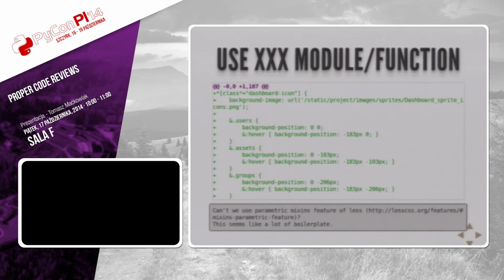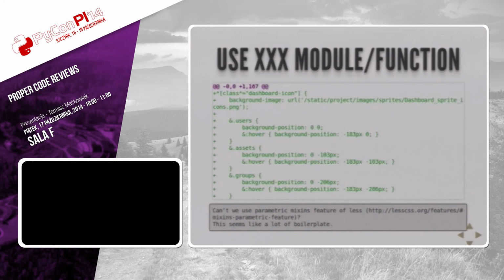Now, a little bit more complicated stuff that probably not everybody can point out. So, cool things. When you are an experienced developer, you've seen so much. You know so much, you've seen everything. You know all the Python library by heart, but not everybody does. Here is an example of a pull request with changes to, well, actually less. Not CSS, but less. And even though I'm not a front-end developer, I noticed this code and I can see, oh, this is very repeatable.